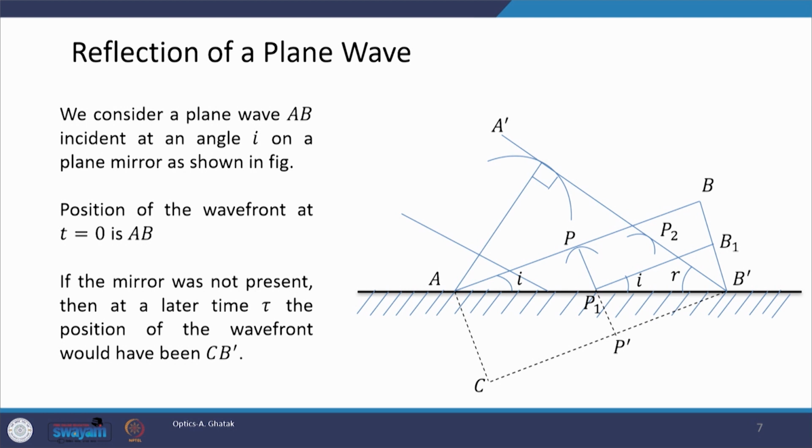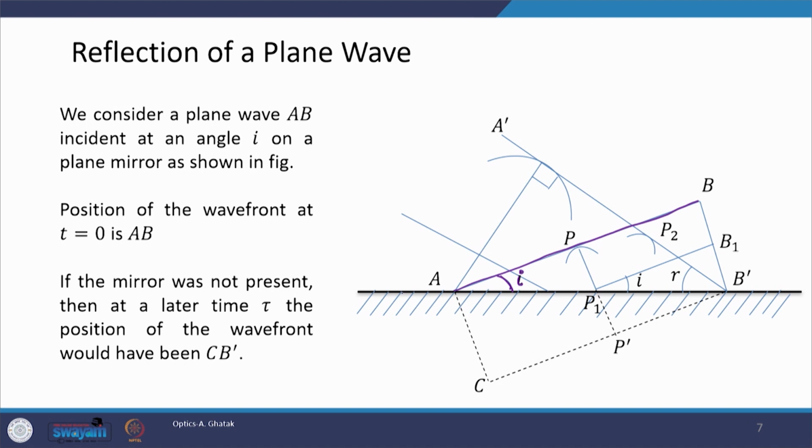Now, we will try to understand reflection using Huygens principle. We will start with the same concept. Suppose this AB represents a plane wave, which is falling obliquely, at an angle i, the angle of incidence, on a mirror AB prime.